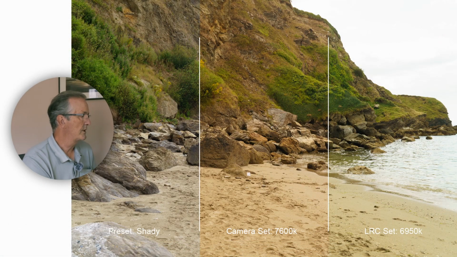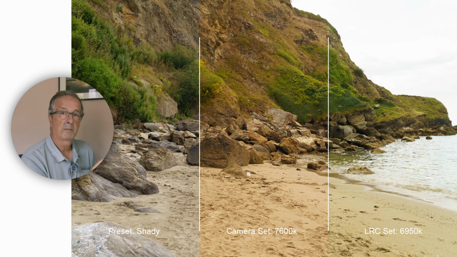So here's the shot which I took into the shadow. On the preset it was shady on the left hand side, and then I set the camera using the white card, and that came out at 7600 Kelvin plus 16 tint. Lightroom Classic though had a different view.